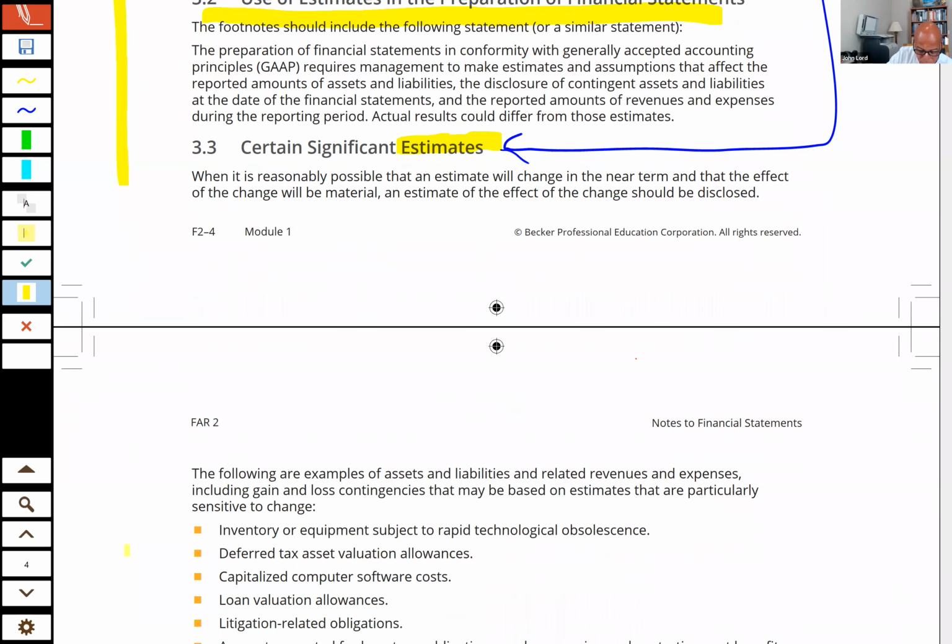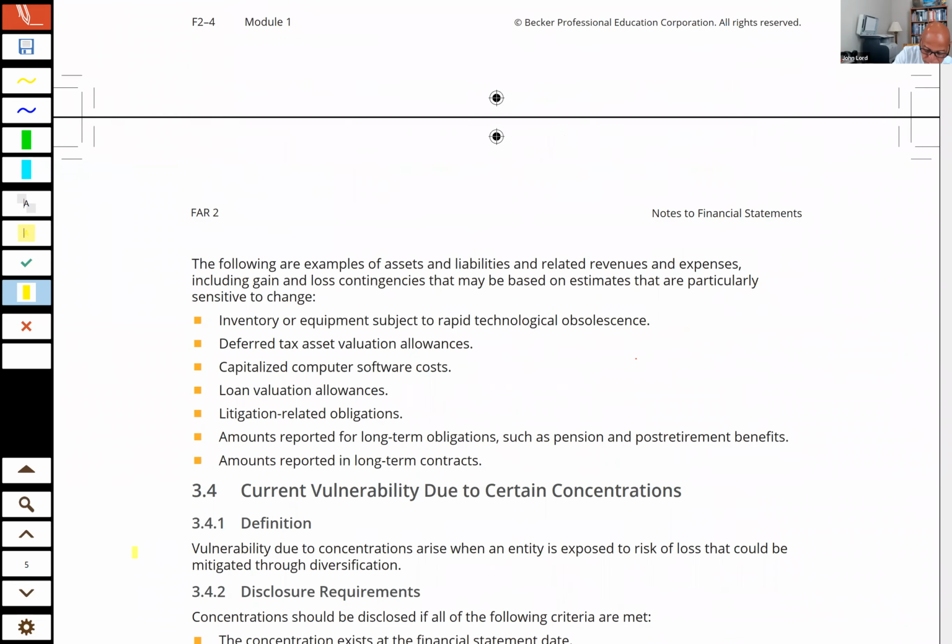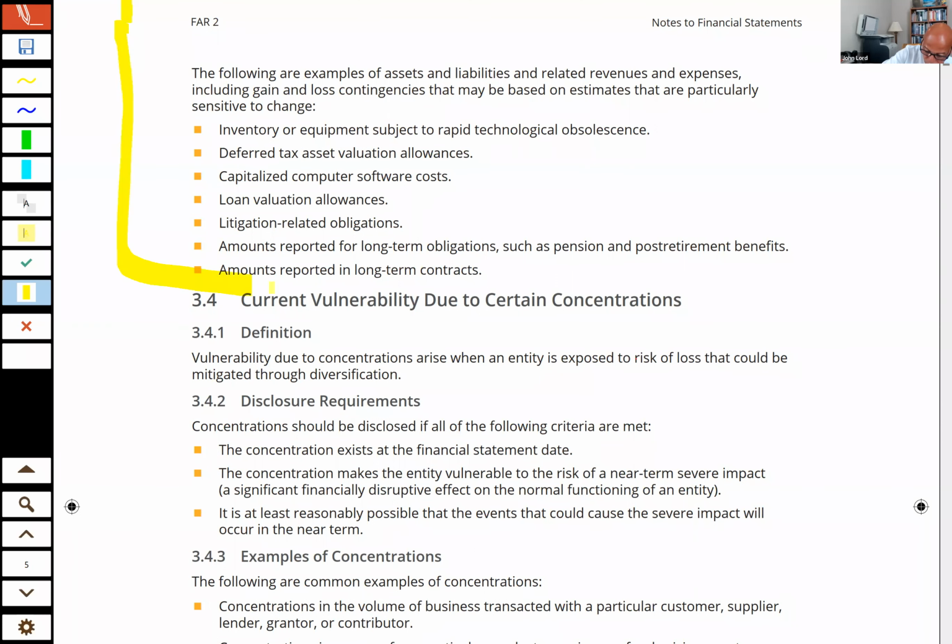What they're really focusing on here when they talk about risks are risks associated with concentrations. Okay, so when they talk about risks, where are we? Current vulnerability due to certain concentrations, that's the risk, guys. That's the risk that they're talking about when they talk about risk and uncertainties.